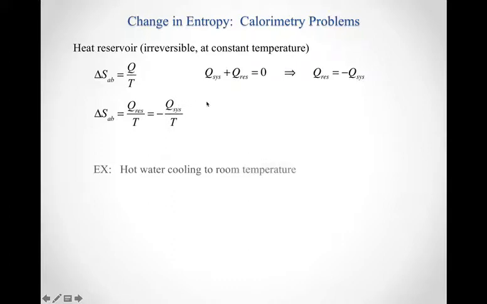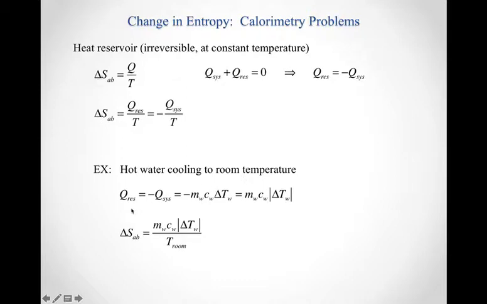So if you think about our example, and I want to calculate the entropy change of the room as the water cooled, I know that the energy taken in by the room is equal to negative the energy given up by the water as it cooled, so that's negative mass of the water, specific heat of water times the temperature change of the water. The temperature change of the water is negative, so that negative tucked inside delta T is going to cancel out with the negative sitting there. So I can choose to take care of the sign out front, and then I'll just treat this as the absolute value of the temperature change for the water.